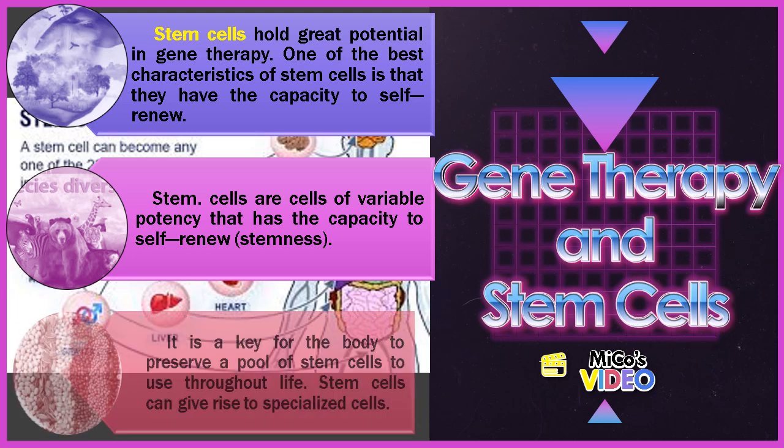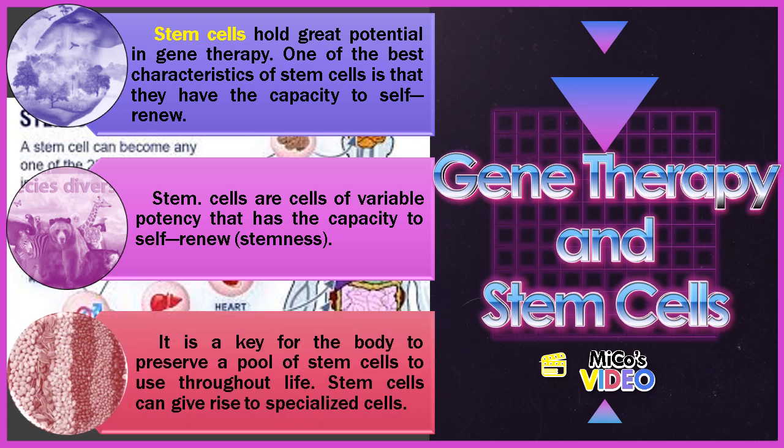Self-renewal and differentiation are important for various reasons. First, self-renewal is necessary because if the stem cells cannot make copies of themselves, their supply may quickly run out. It is the key for the body to preserve a pool of stem cells to use throughout life. And second, differentiation is essential because specialized cells are used up, damaged, or die continually during our lifetime.